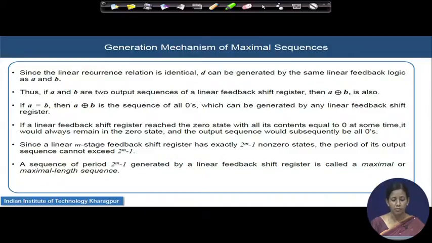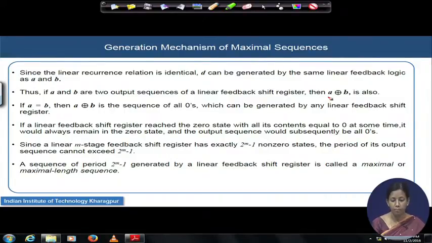Apart from the fact that D can be generated by the same linear feedback logic as A and B, the linear feedback register can also generate D. If A is a sequence generated by the shift register, the same construction that generates A and B can also construct a new sequence equal to D, and D is nothing but A XOR B. If A and B are found to be exactly the same, then obviously this XOR operation will give you an all 0 sequence, and D, which is equal to A XOR B, will be exactly equal to the all 0 sequence, because A is equal to B.